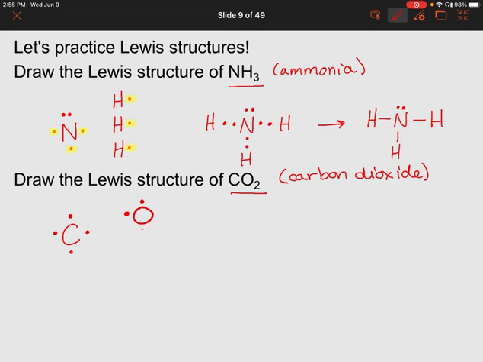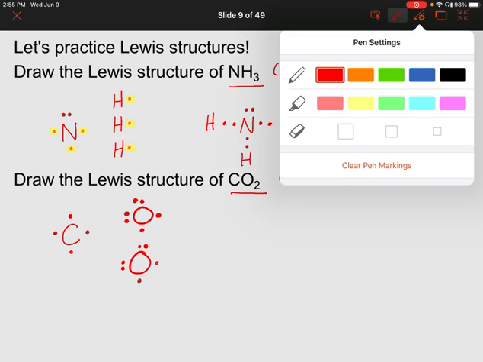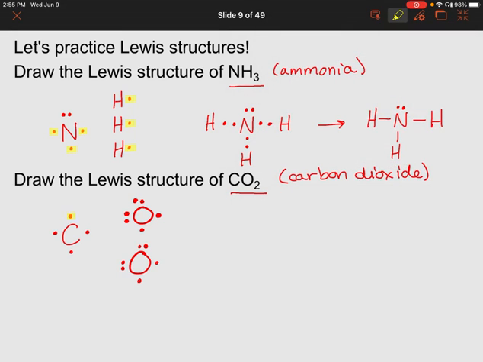So 1, 2, 3, 4, 5, and 6. And we'll draw a second oxygen down below as well. Okay, so it looks like we have 4 unpaired electrons on carbon, but only 2 unpaired electrons on each oxygen.